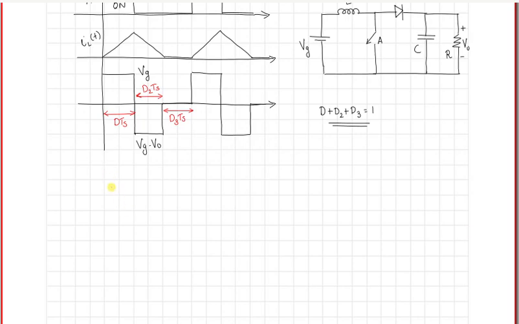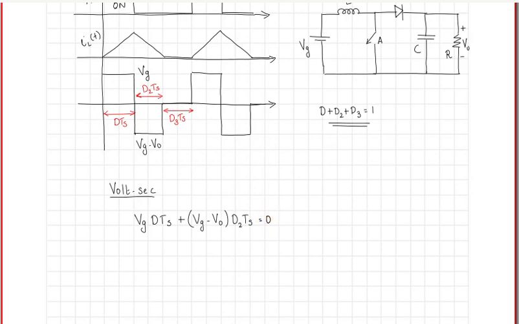All right. So let us now apply volt-second balance and try to obtain the voltage gain for the boost converter. Okay, so again it is Vg times dTs plus Vg minus Vo times d2Ts should be equal to 0.